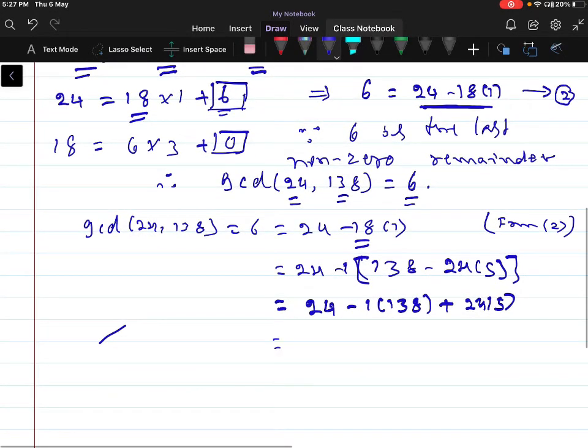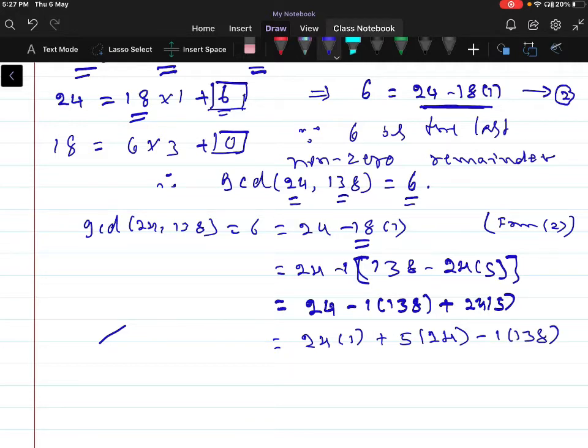So this can be written as 1 times 24 plus 5 times 24 minus 1 times 138. So 1 times 24 plus 5 times 24, that is 6 times 24, plus 138 into minus 1.